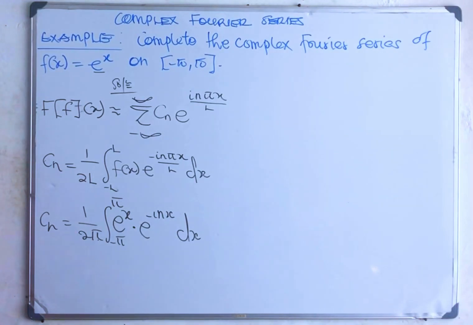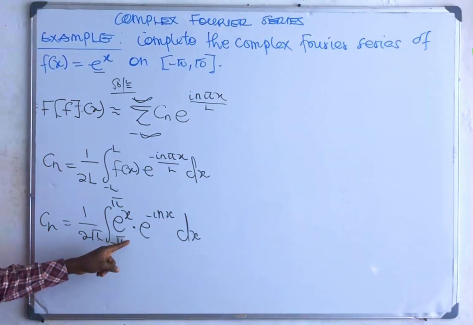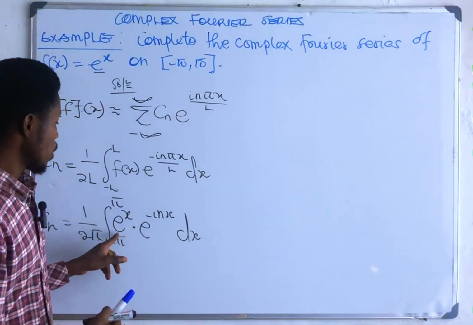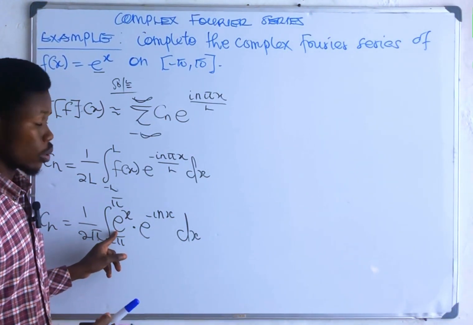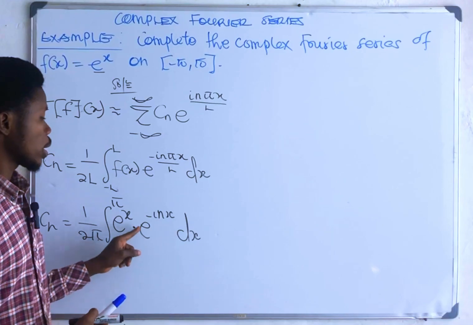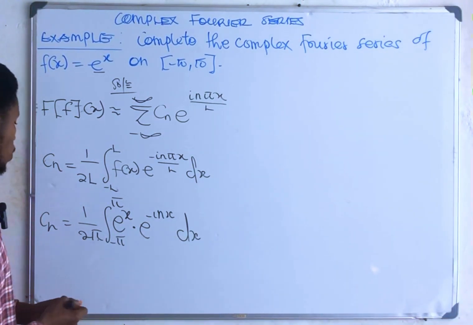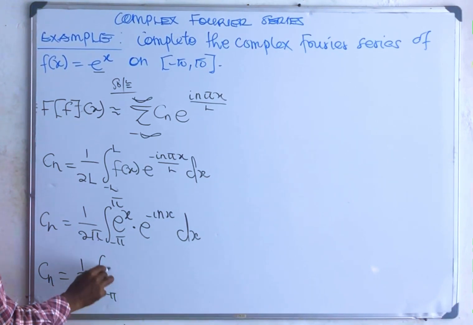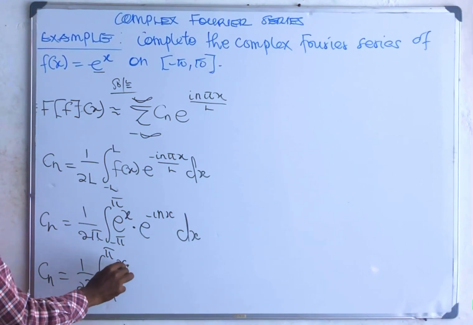Is that okay? Now, the next thing to do is to move to our indices. One of the laws of indices says that if the bases are the same, we add the powers or the exponents. This means I'm going to have Cn equals 1 over 2 pi, integral of negative pi to pi, e to the power x.